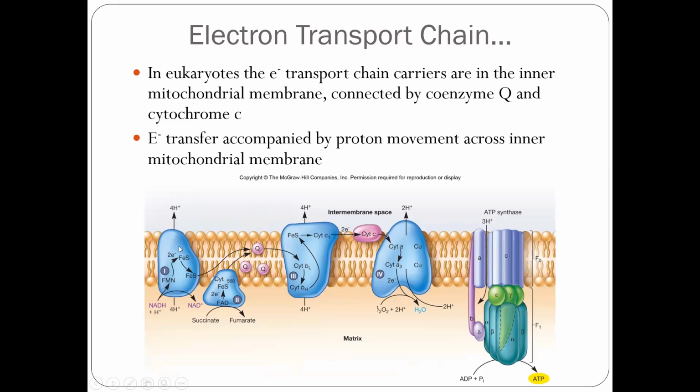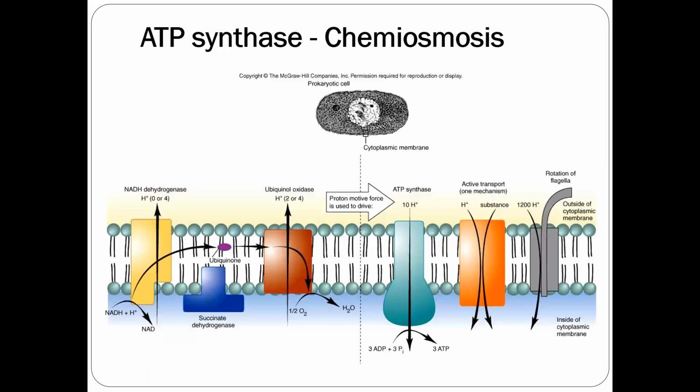Electrons always transfer from higher energy to lower energy, and from more negative voltage values through two half reactions to more positive values, because a more negative value indicates a better electron donor, and a more positive value indicates an electron acceptor. So this is very important for how we really generate ATPs.